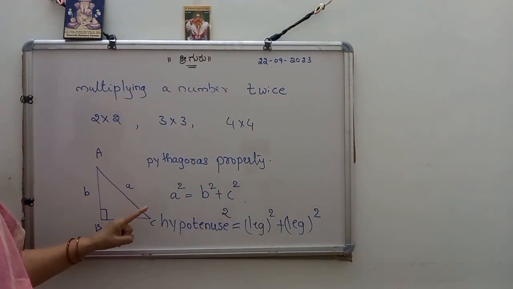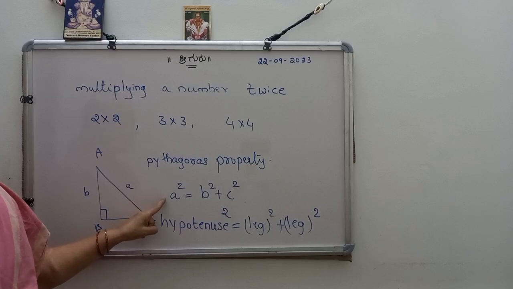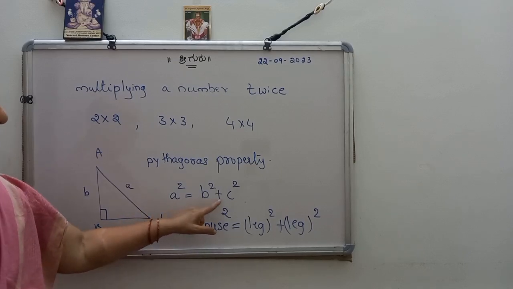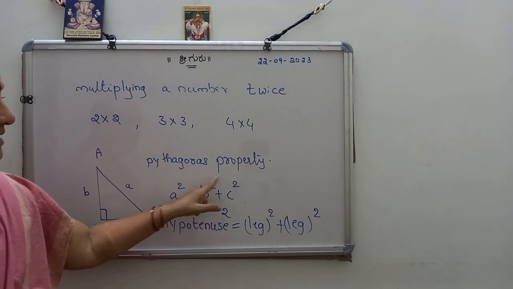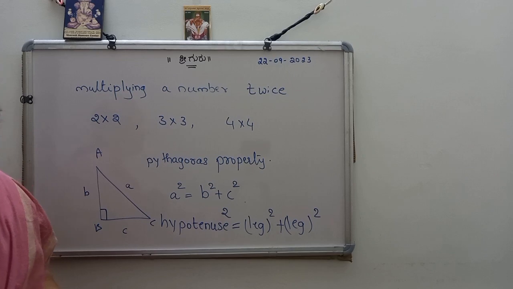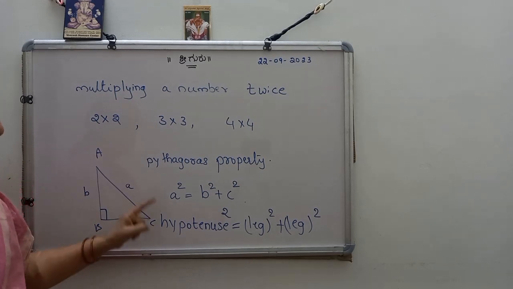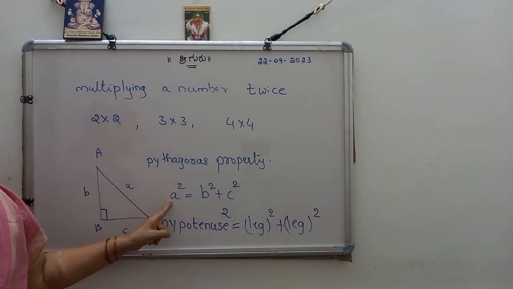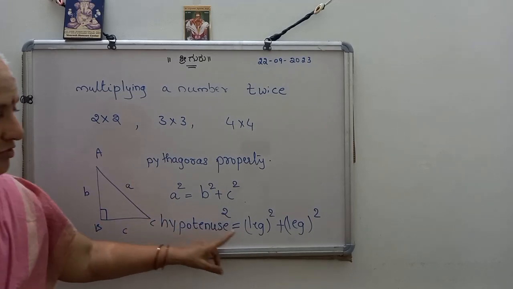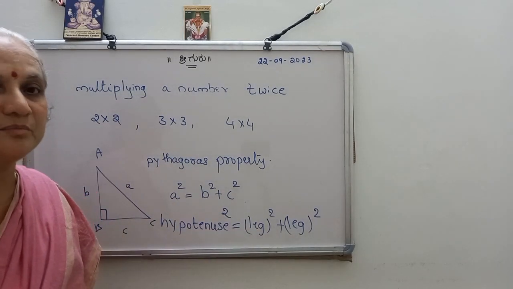Pythagoras property says square of the hypotenuse is equal to sum of squares of the legs, means other two sides. Here square of the side or square of hypotenuse, square of leg, what it means?